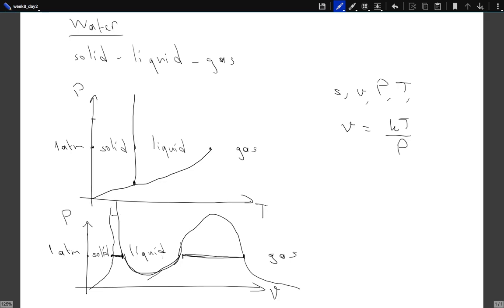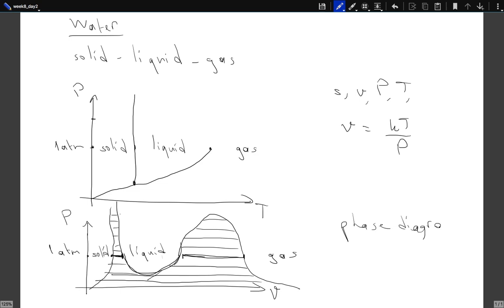And these, in the book, are called tie lines. These are regions of coexistence where there is more than one phase in those regions. This is a typical phase diagram. So we have a PT and the PV phase diagram.